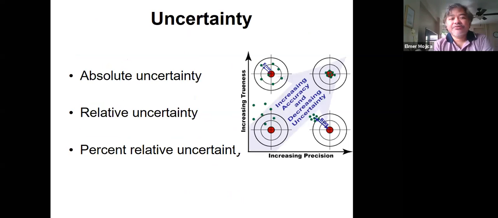Now, how do we define absolute uncertainty, relative uncertainty, and percent relative uncertainty?